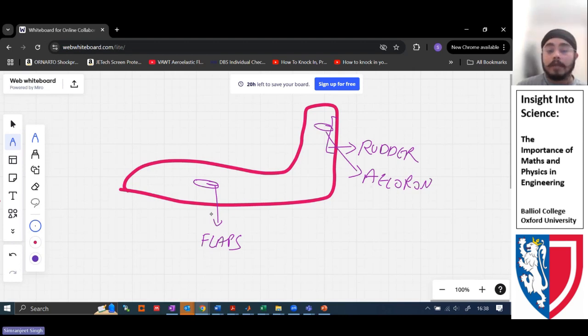Now, in order to determine the efficiency of these control surfaces, you need to be very, very careful how good they are, how efficient they are mid-air. And these control surfaces that are combined with the airplane, you again test them in a similar way.